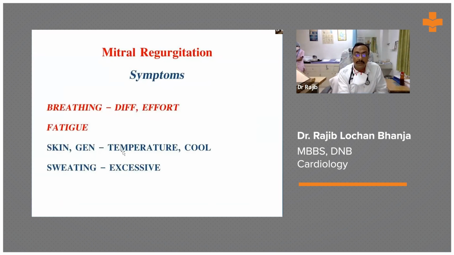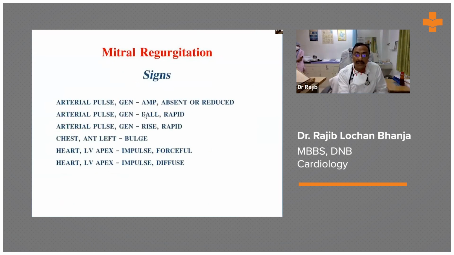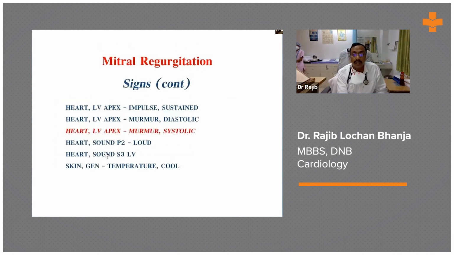So these are the common symptoms: effort intolerance, fatigability. And if you feel the pulse, unlike in mitral stenosis where it can be absent or reduced, usually it is a rapid rise and fall. Here you can find the apex is forceful, diffuse, and outward, and the impulse is constant.